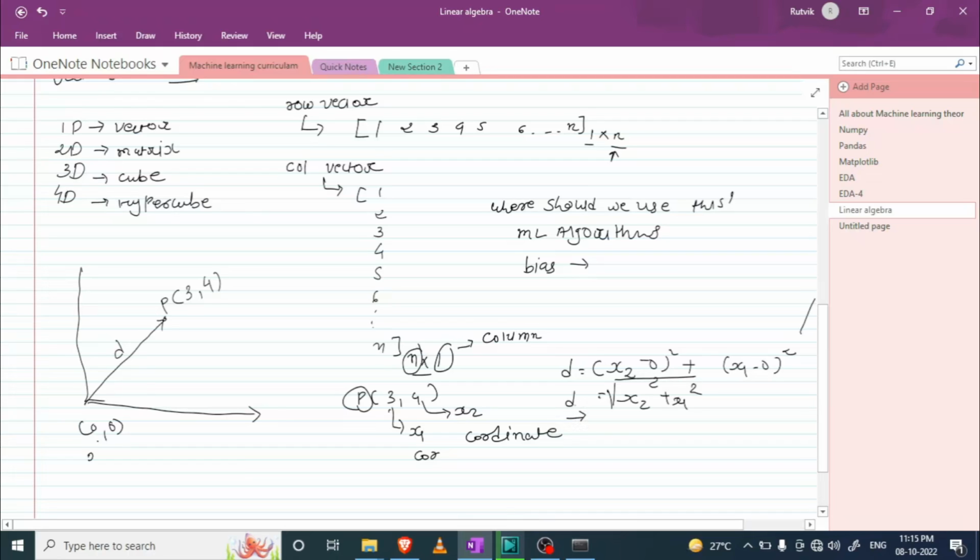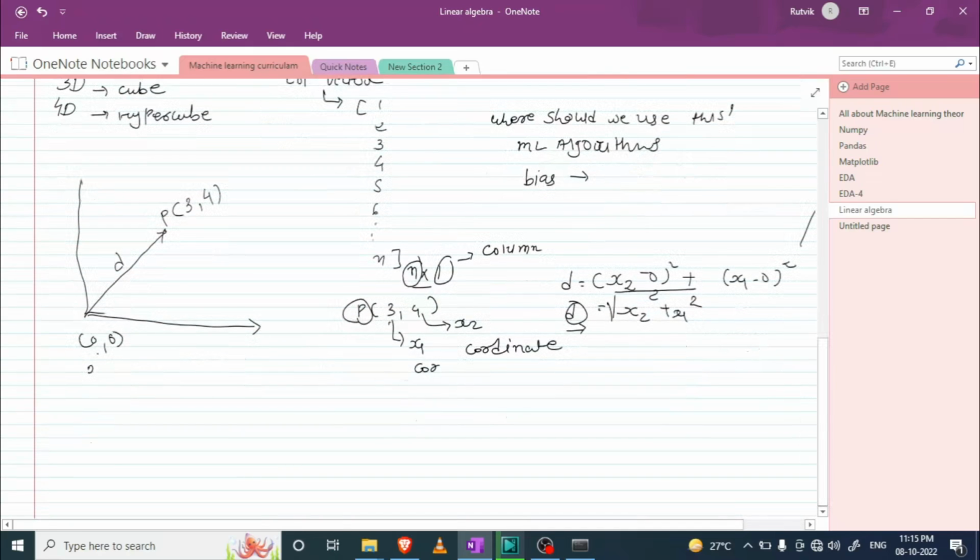Suppose we want to identify the distance between two data points. Suppose here we have two data points, here is q and here is p. The q data point has x2 x1 and y2 y1.